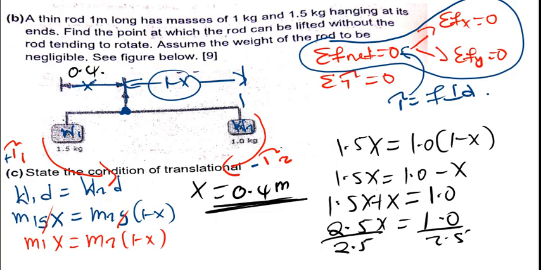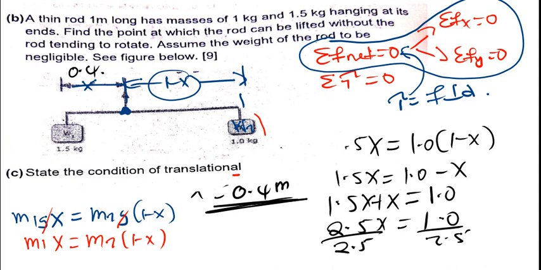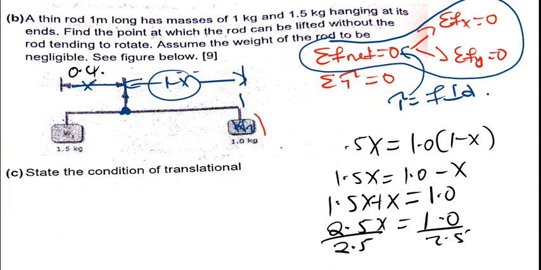Then the last question is saying, state the condition of translation. Translation is something that is moving, either in x direction or in y direction. So the condition is that the sum of the external forces should be equal to 0.